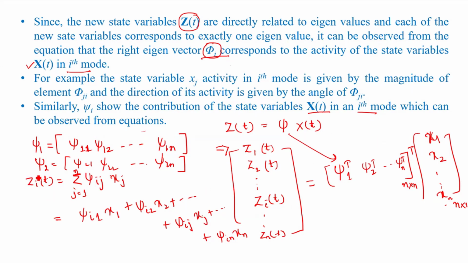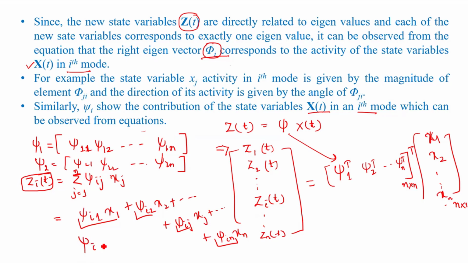So we can see here, this is an element of the mode vector, the mode matrix you can say. So we can see the contribution of xj, that means all x1, x2, up to xn, all the state variables. So the contribution of all the state variables in the ith mode is described by this ith left eigenvector, right?